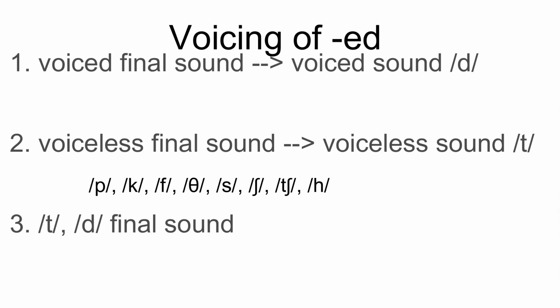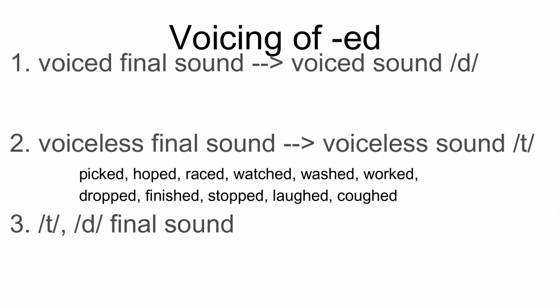T is blended together with the previous consonant as a consonant cluster. So t is not pronounced as an extra syllable. For example, picked, hoped, raced, watched, washed, worked, dropped, finished, stopped, laughed, coughed.